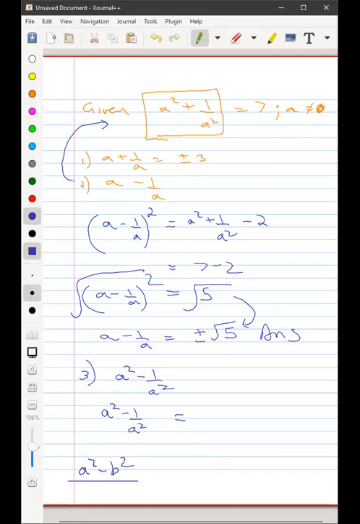Remember this one? A square minus b square is equal to a plus b into a minus b. So can we assume that b is 1 upon a and solve this? What will it become?